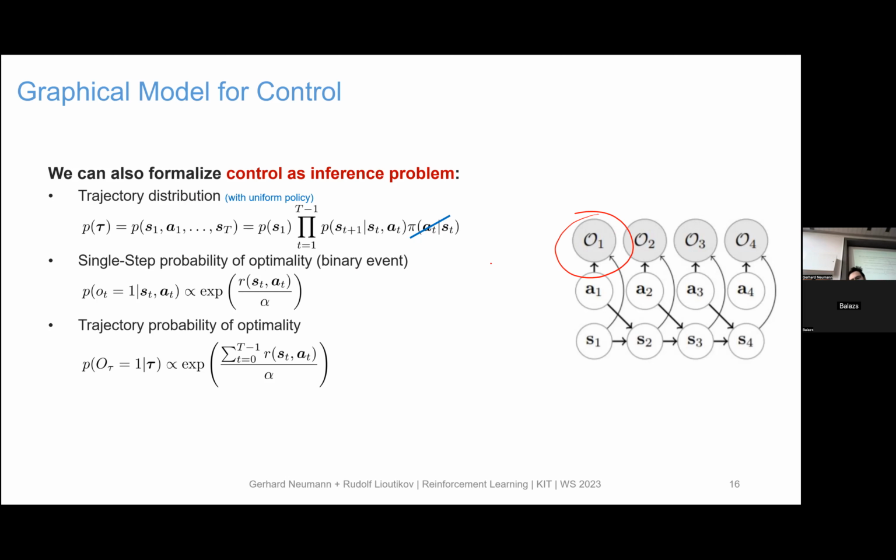And you also see that this is gray, and the other ones are not gray. It means that this random variable is observed.